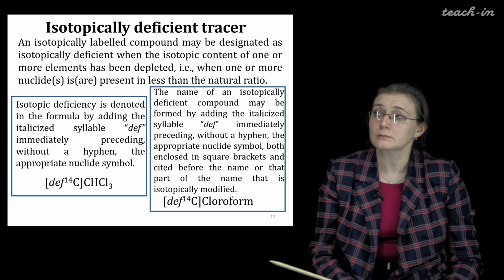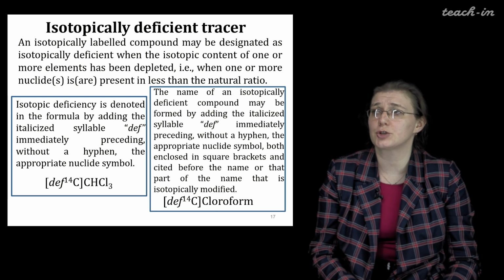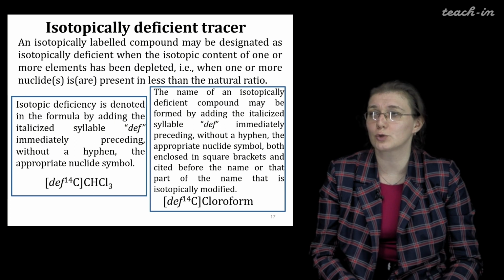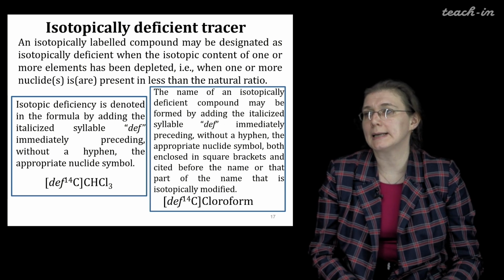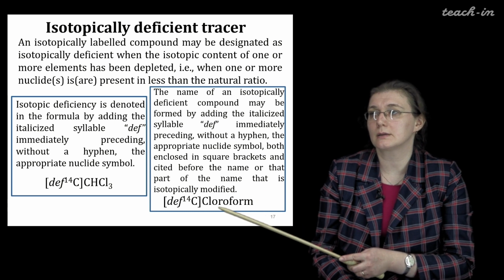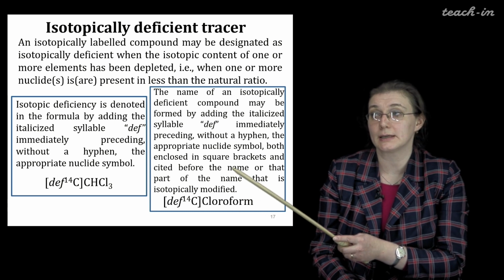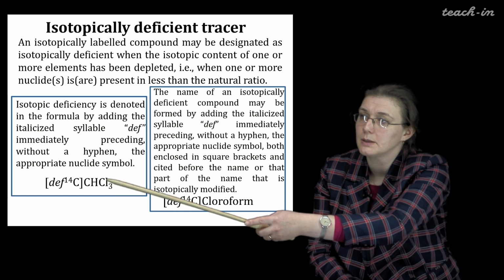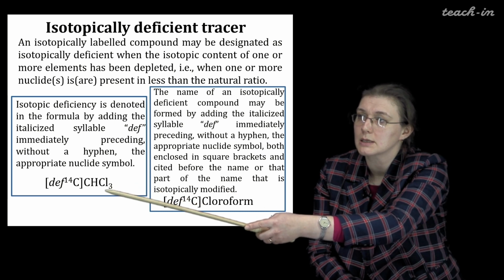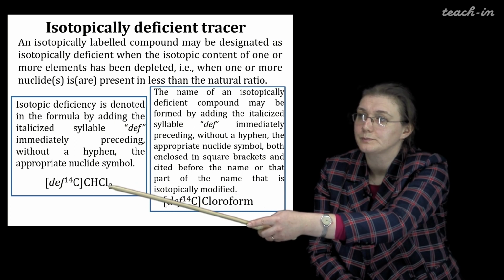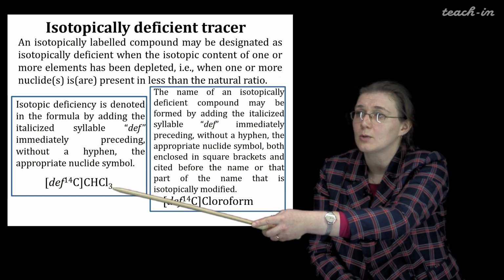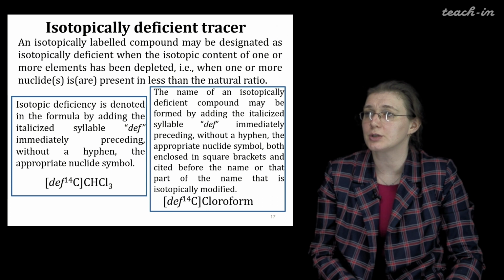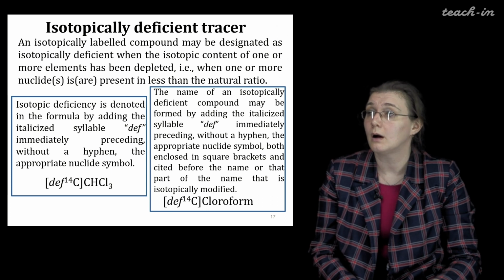And to identify such a group of labeled compounds, we should add the symbol def directly before the isotope which is given in an amount that is less than the natural ratio.